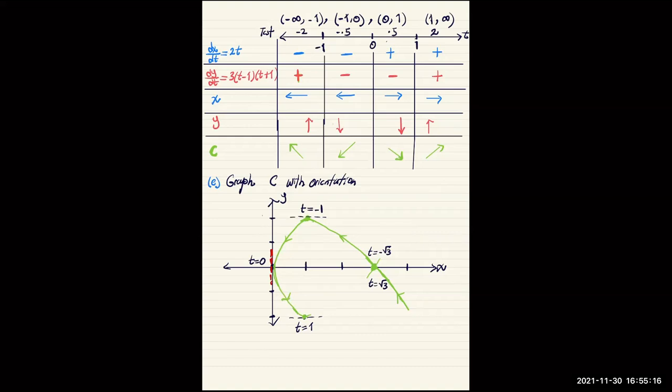Again, that arrow is consistent with what this says. Touch the horizontal tangency and then change orientation to that direction, and go through again the point of self-intersection and just keep going in that direction. That's it.